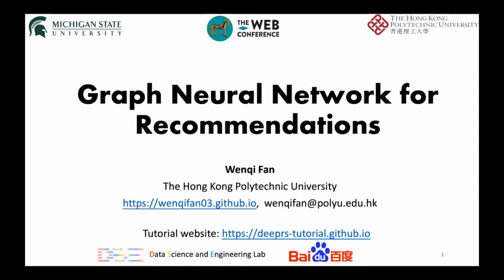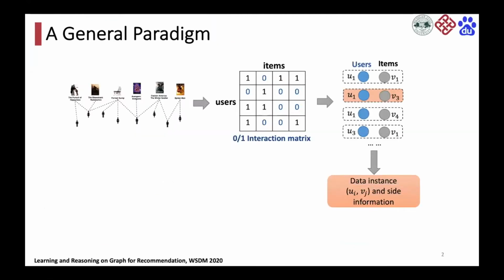In this part, we are going to introduce graph neural networks for recommendations. The existing recommendation methods follow a general supervised learning paradigm. That is, given the user-item interaction matrix, first, we transfer each interaction into a separate data instance.